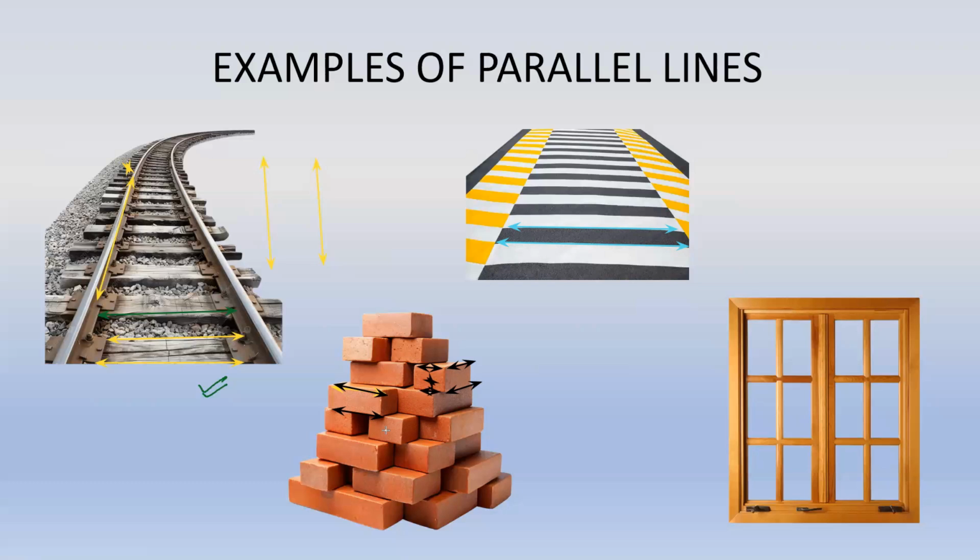Here we have cuboidal bricks, so the edges are parallel to each other. Now when we see the window pane, again we can see that these lines are parallel, vertically and horizontally, to each other.